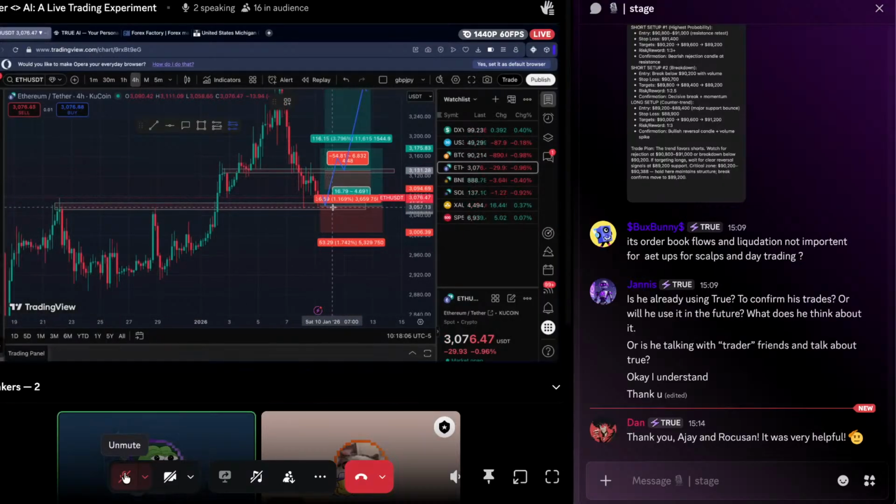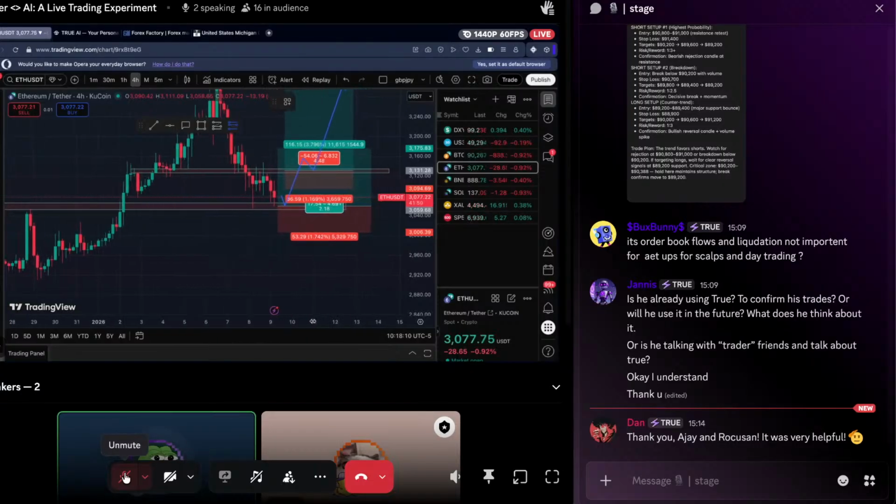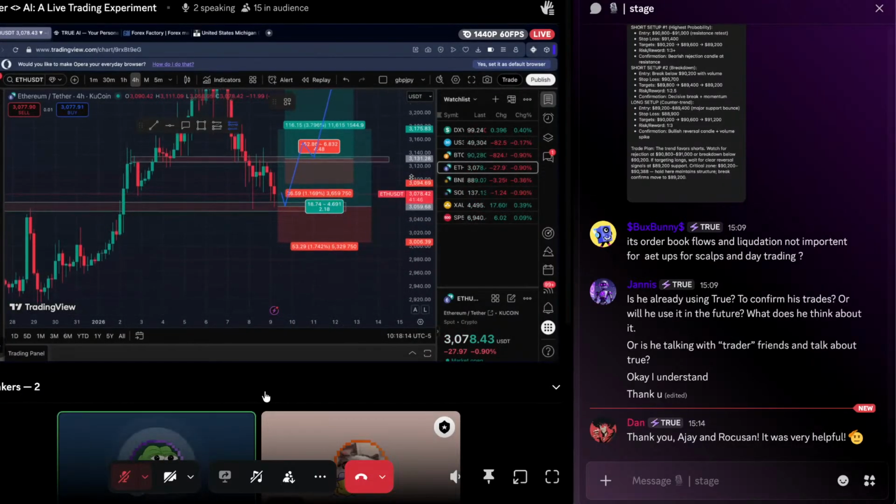Sometimes you can have longs and shorts at the same price, but try to stick to one bias. Don't have two biases. So stick to this one: if we don't break below in the next 40 minutes, look to get into a long at 3060. If it does break below, it invalidates and you just don't look for any more trade ideas.